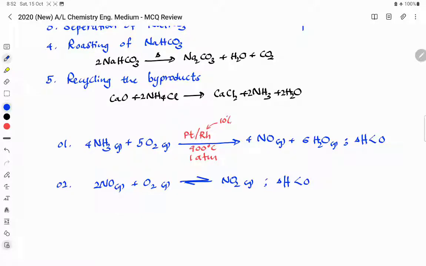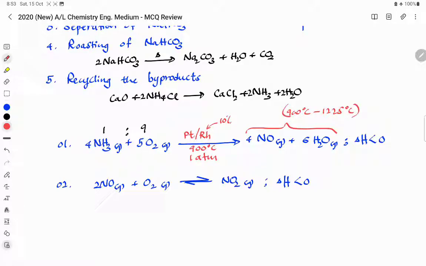Now the first step, we mix ammonia and oxygen in the volume ratio of 1:10 or 1:9, because we use atmospheric oxygen here. Now since this reaction is highly exothermic, it generates a lot of heat. The temperature of the resulting mixture will be around 900 to 1225 degrees Celsius.